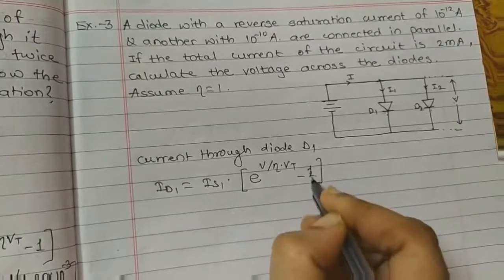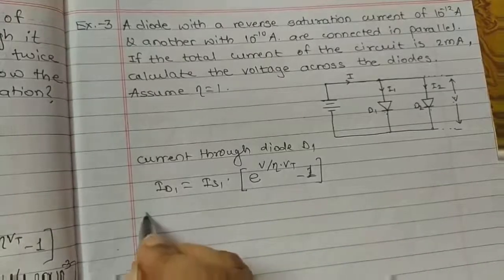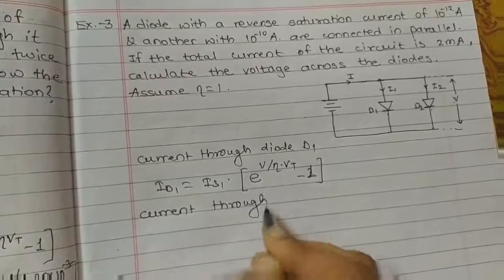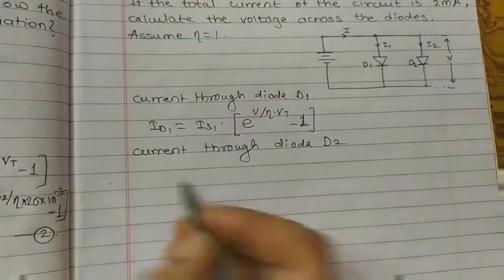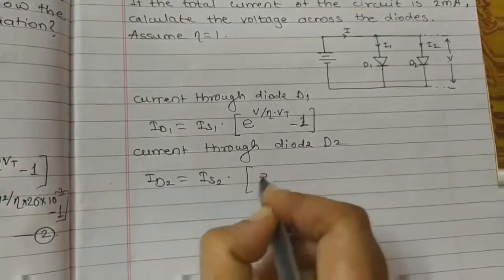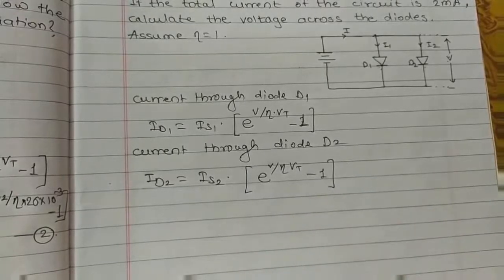So instead of Vd we'll also write down V. Similarly current through diode D2 is given as ID2 is equal to IS2 into e raised to V divided by eta Vt, minus 1.